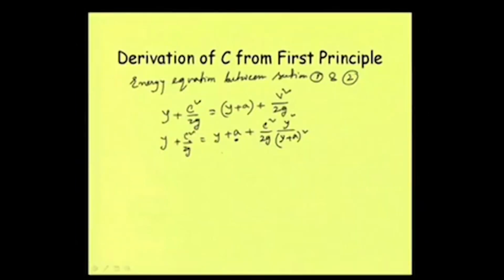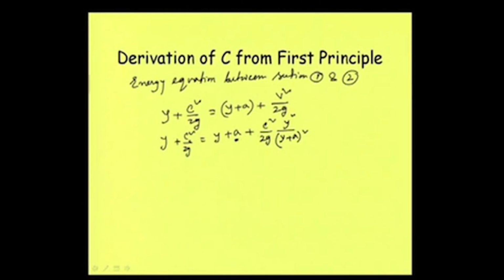If we recall our last class, we had the expression c is equal to root over g y for a rectangular channel, and that was for a small amplitude wave. So here also we are considering that the depth y is considerably larger than the amplitude a.